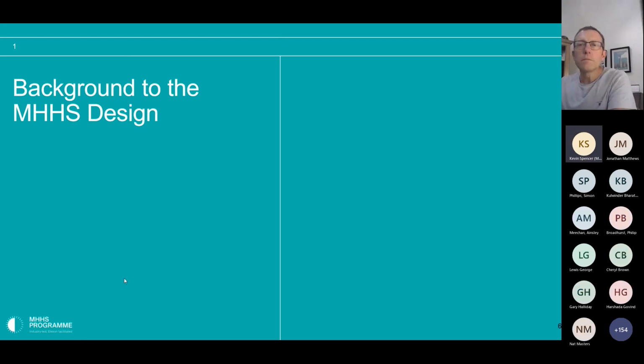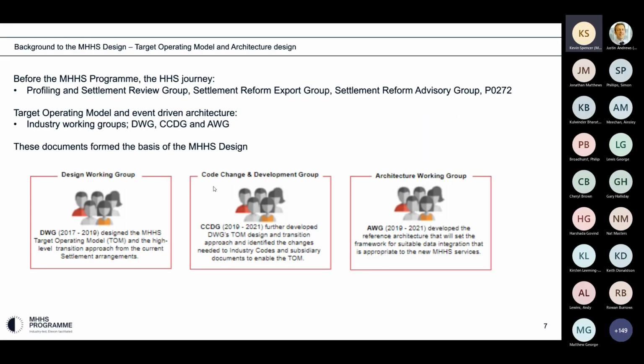I'm just going to run you through a bit of the background to market-wide half-hourly settlement and where it all came from. I'm sure to some of you on the call this is all very new, but it's not new at all.